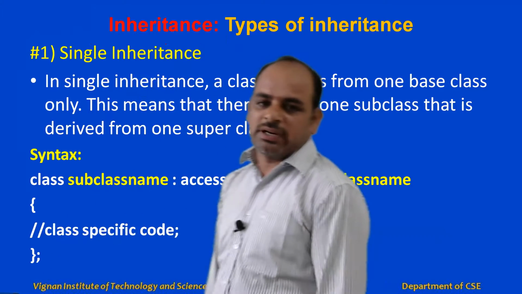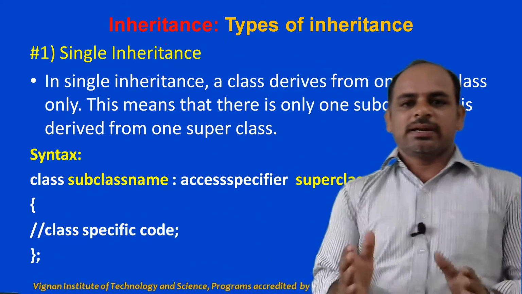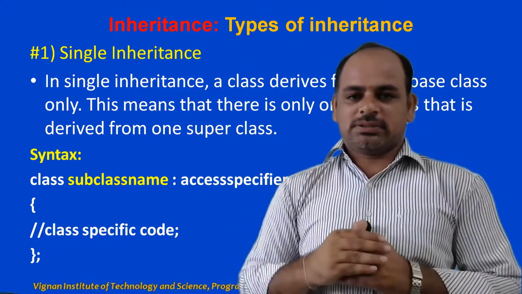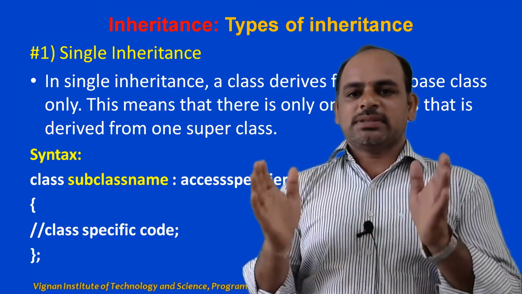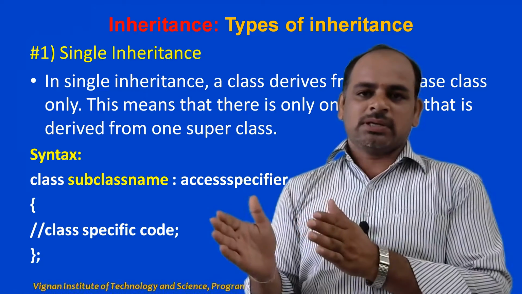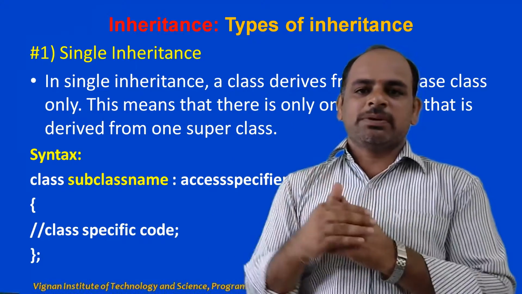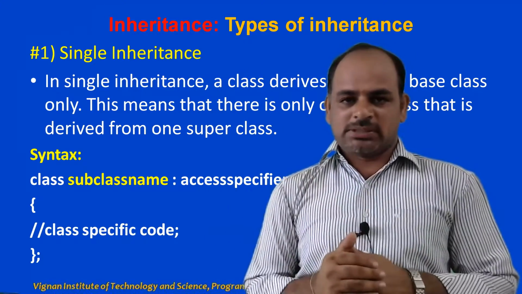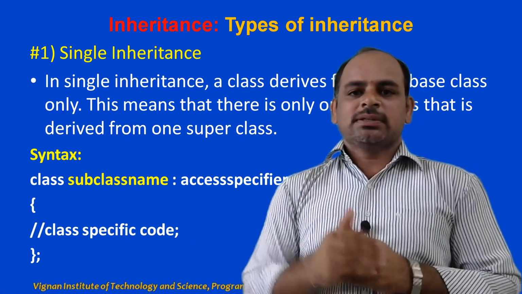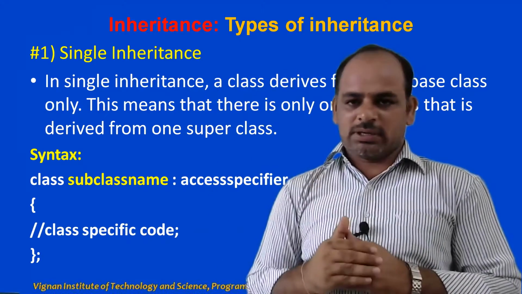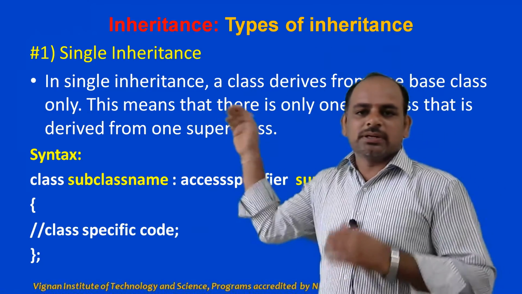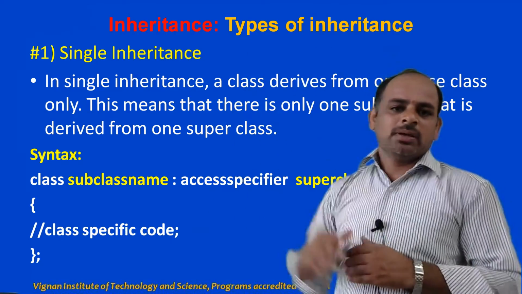First, let us see single level inheritance. Single level inheritance is inheritance which has only one base class and one derived class, right? Basically, these are divided into a number of categories based on the number of base classes and derived classes, and the relationship between them. So in single level inheritance, there is only one base class and one derived class, and the derived class derives the properties from the base class.